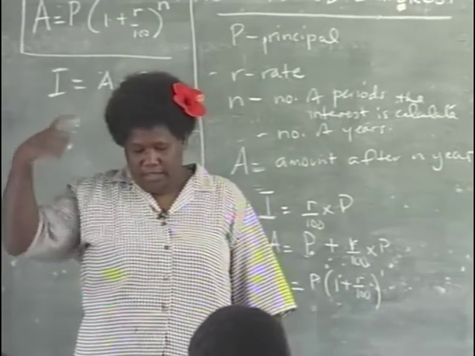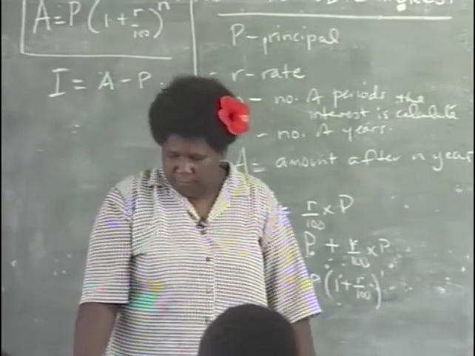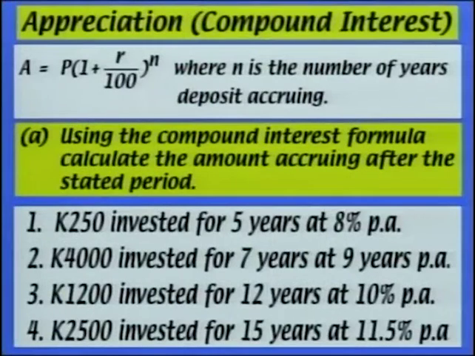See if you can find the answer to question 1 quickly. Calculate the amount accruing after 5 years if 250 kina is invested at 8%. Quickly, just use your calculator and this formula.